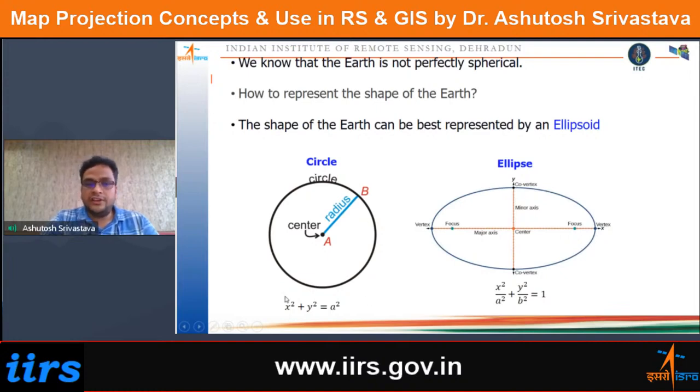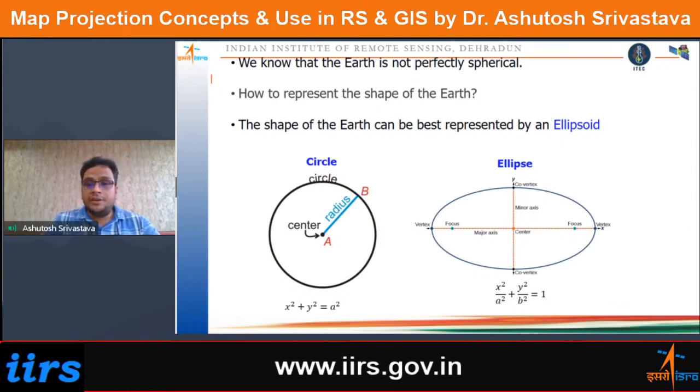Now the vertical diameter is reduced, and the horizontal diameter, what was there in the case of the circle, is now expanded. It is more now. So the reduced one, the vertical one, we call the minor axis, and the expanded horizontal diameter we call the major axis.